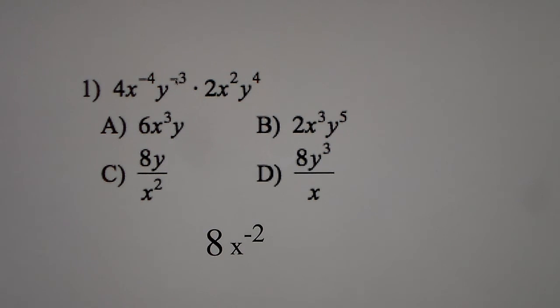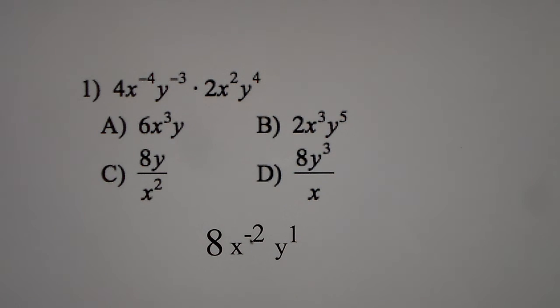Now our y's. y to the negative 3 times y to the positive 4. Negative 3 plus 4 gets us positive 1. So y to the positive 1. Now those are all the combined like terms. However, we can't have a negative power in our exponent. We have to get rid of that.